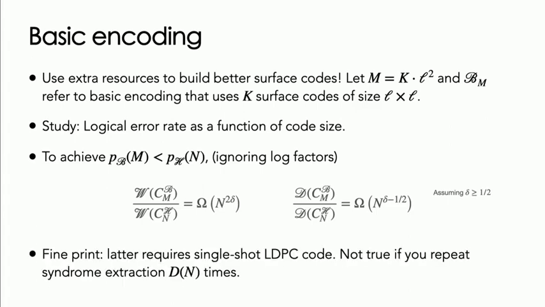And the second fact only applies, I should say, when we have a single-shot LDPC code. But if this object were constructible, then we're going to find that in the asymptotic setting, the hierarchical memory outperforms the surface code on both fronts, on both the width and the depth for a fixed target logical failure rate.